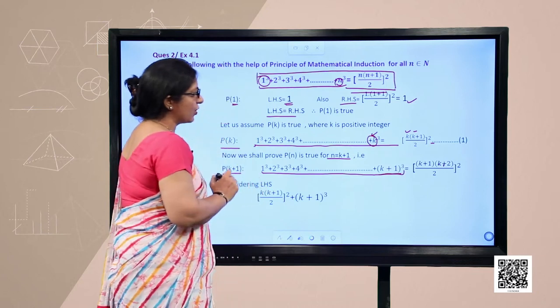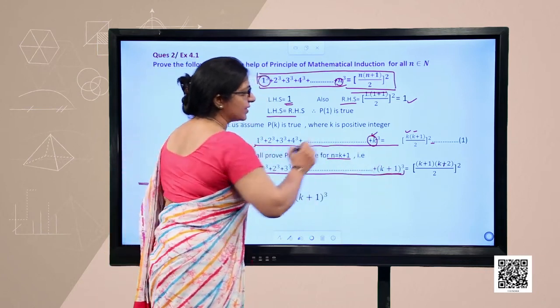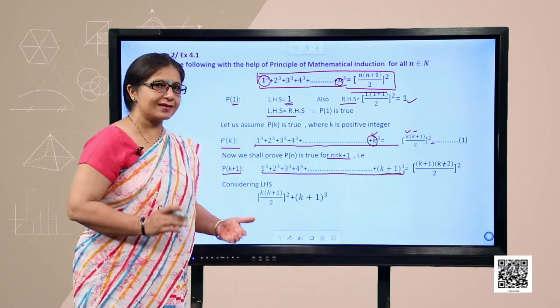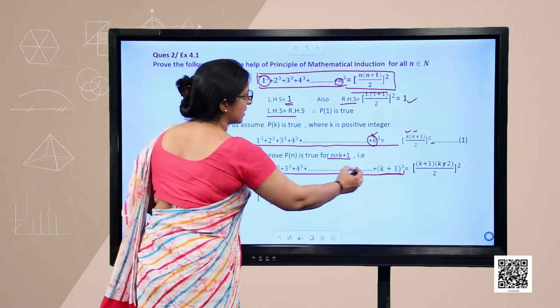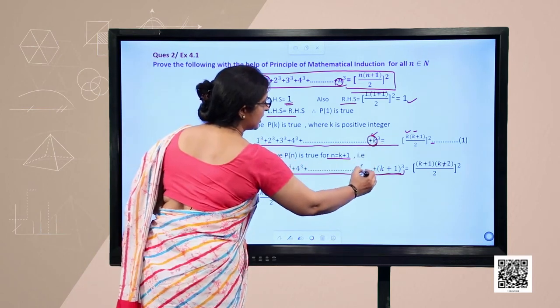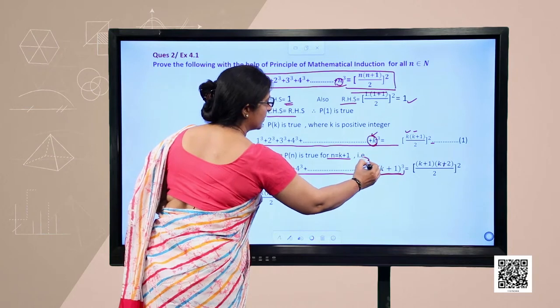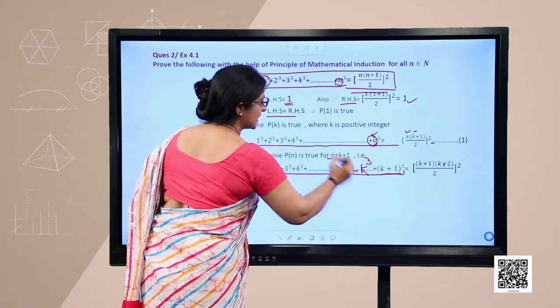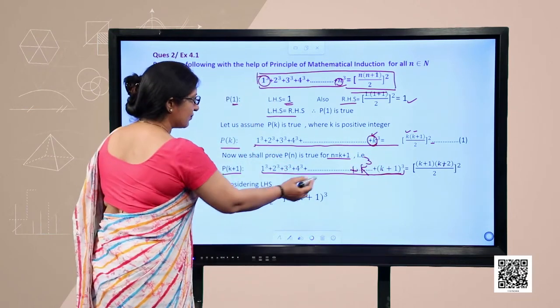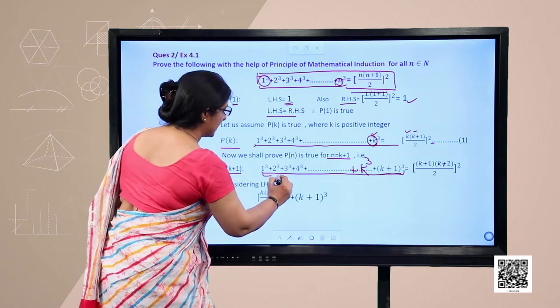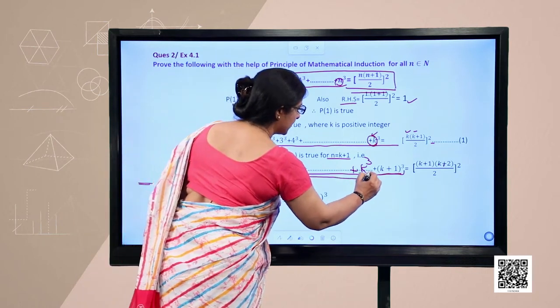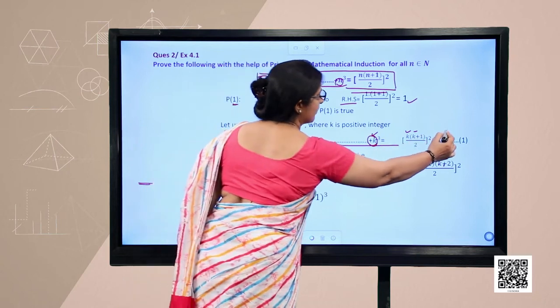If it is the k plus 1th term, then what is the kth term? Just the previous term. The previous term was k cube. Previous to the last term, this is k cube. We will be replacing this much part from equation 1.